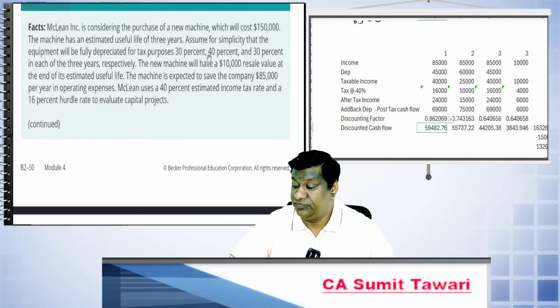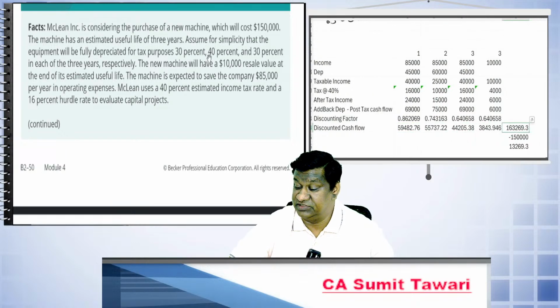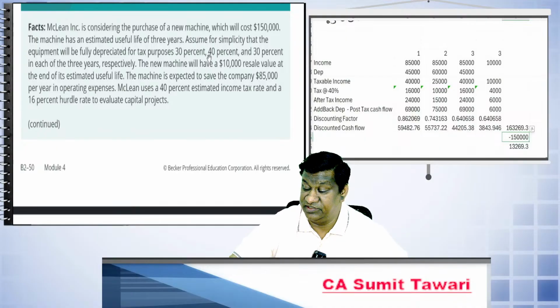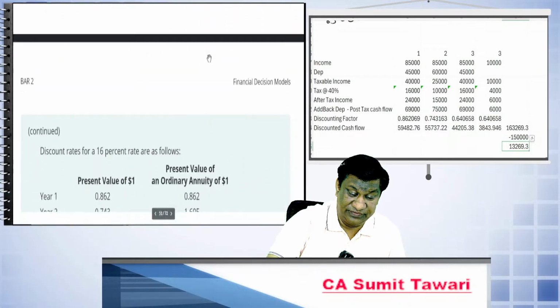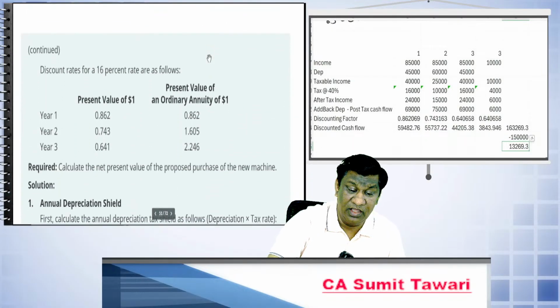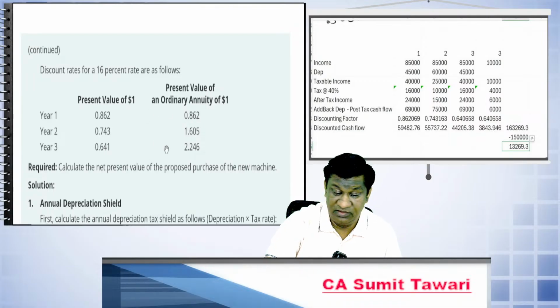Cash flow, which will give the discounted cash flow 163,269 with a 16%, and 150,000 is my initial investment. So 13,000 is positive net present value. We can see here. So this way you will get the information in an examination as well.